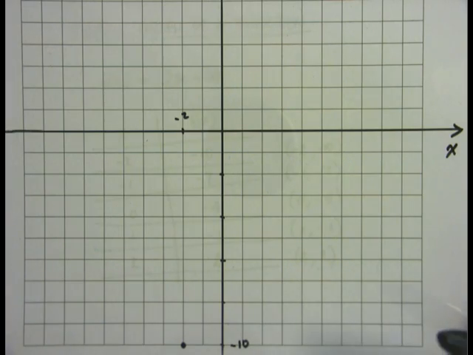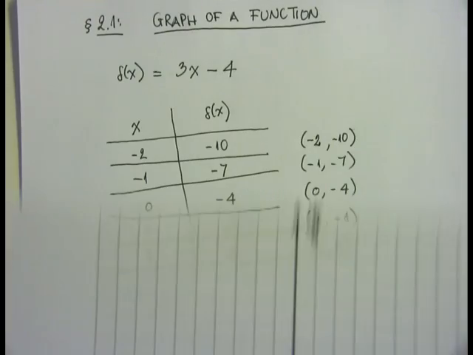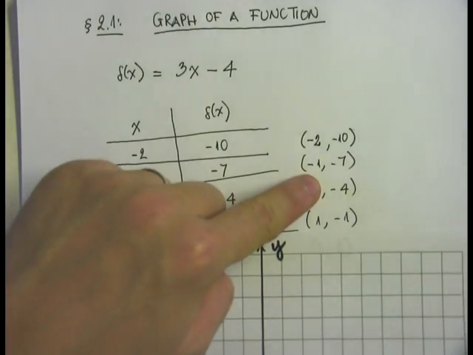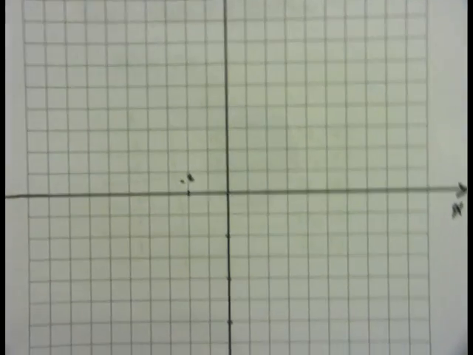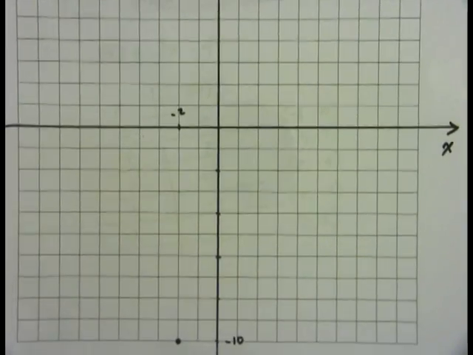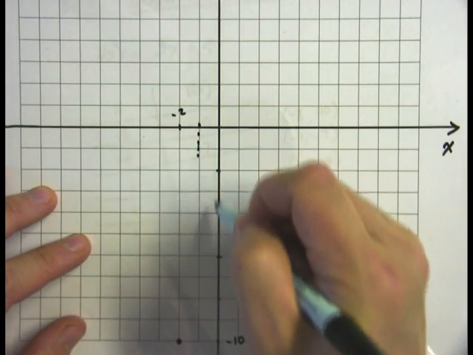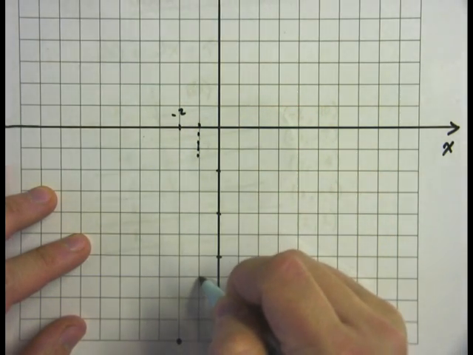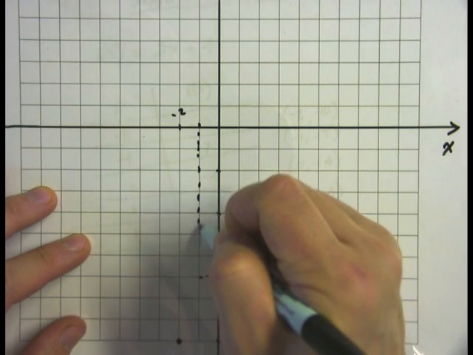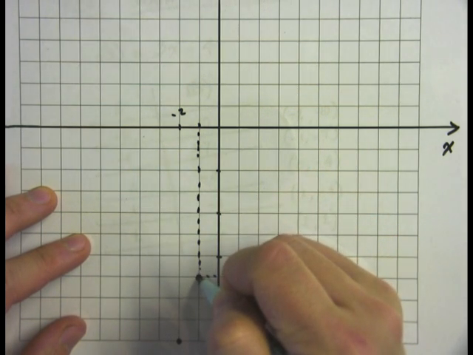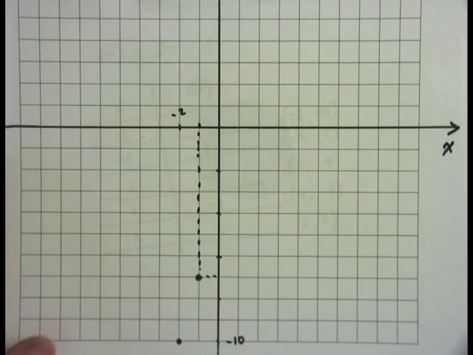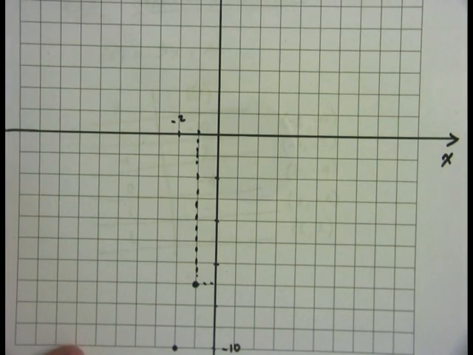Now the next point, looking back at the table, is -1, -7. As you can see, I'm aligning it with the grids on my graph. So that's my next point right there.